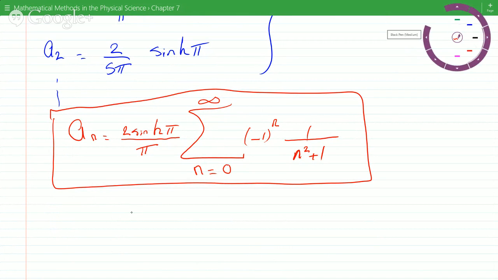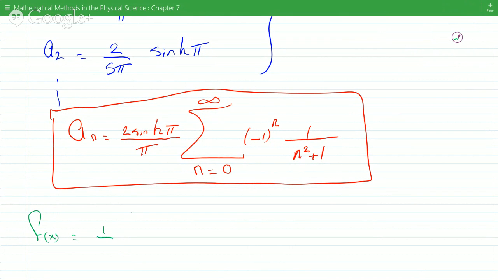So now, what would the Fourier transform look like? This expansion. Yes.